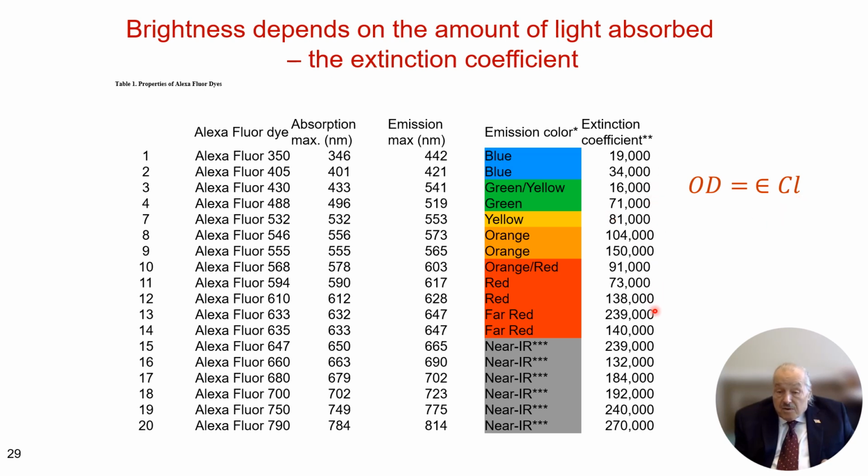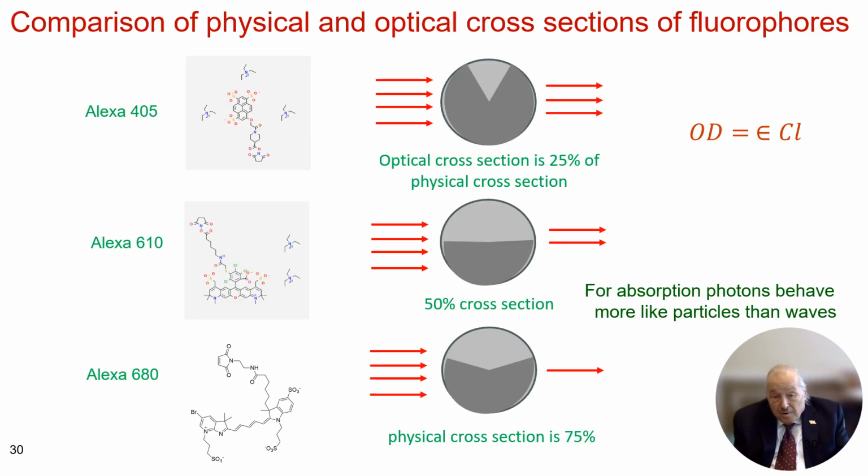These are the extinction coefficients in reciprocal molar reciprocal centimeter units, and you can see they range over well over a factor of 10. What does this mean in terms of getting this large photon to interact with the small fluorophore?